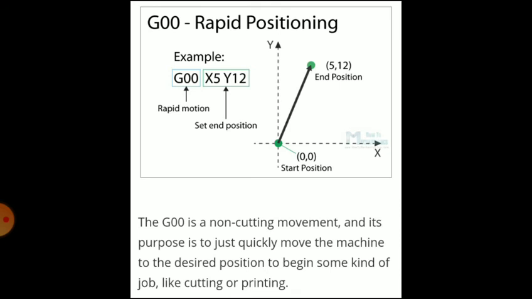So the coordinates of the end position are given, you have to mention the X coordinate and Y coordinate. So the block will be G00 X5 Y12. Then the tool will move rapidly, because G00 is a rapid movement of the tool, from one point to another point without any machining operation.